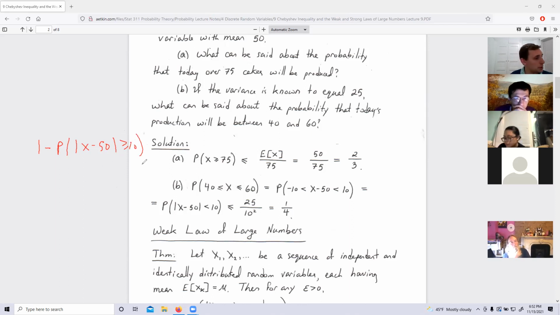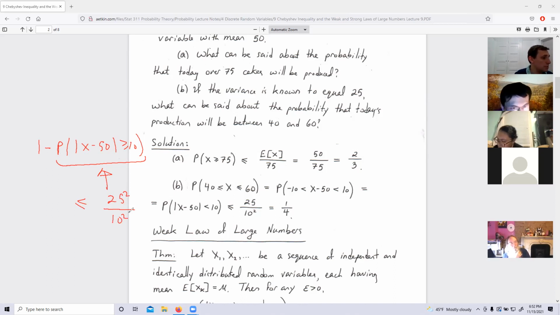And then this probability I can estimate using Chebyshev's inequality, right? According to Chebyshev's inequality, this probability, just this one, not the minus one, is less than or equal to the variance divided by 10 squared. We said the variance is 25.